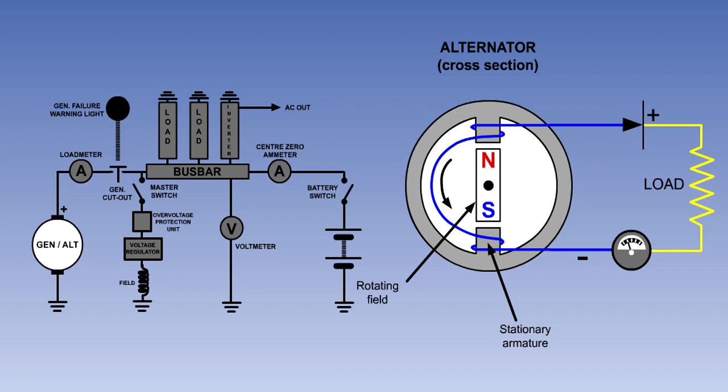If it is required to convert the AC output of an alternator to DC, a diode rectifier is used. This is usually fitted in the end frame of the alternator. Most modern light aircraft have a direct current system, which is powered by an alternator with diode rectifiers.